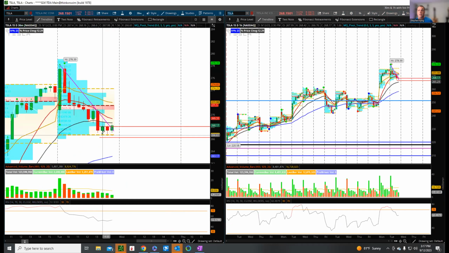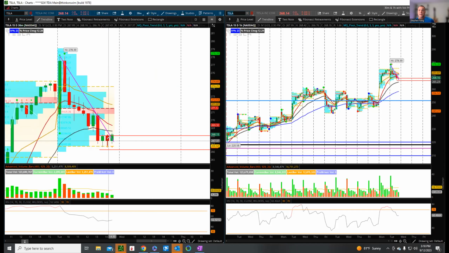Now if that was a better looking hammer, I should say, if that had a longer lower wick, and if it had volume, I'd be looking at the 30-minute and thinking time to bounce. But then you get this candle that follows it that's basically the same, and the lower wicks here do represent the buying pressure.